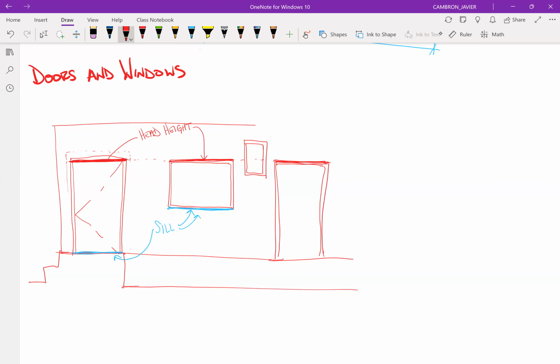So in that case, the sill of this door would probably be 2 feet above the finished floor, or it could be whatever. Generally speaking, the sill on a door is going to be set to 0, but understand that we can always adjust that, and that a door also has a sill.